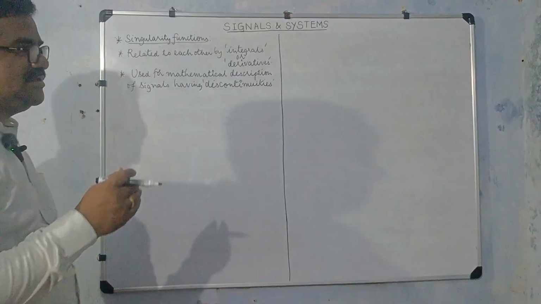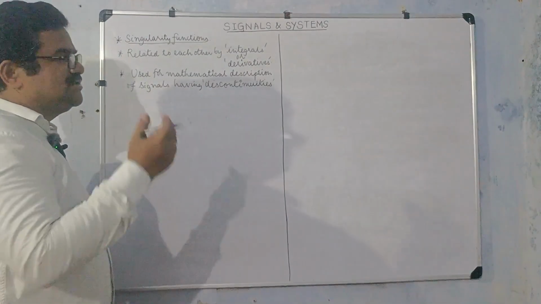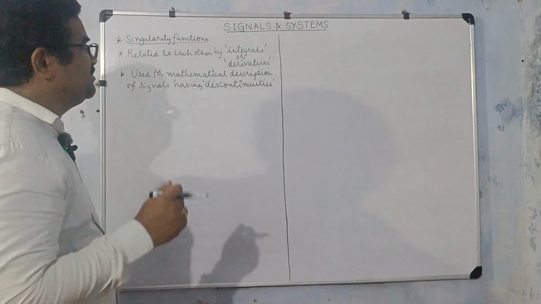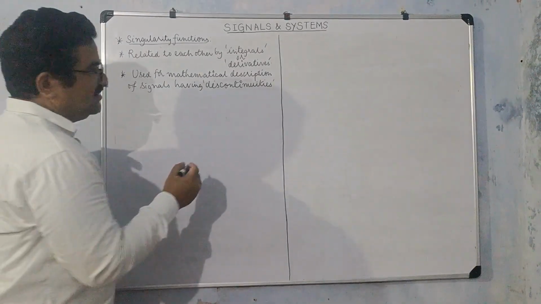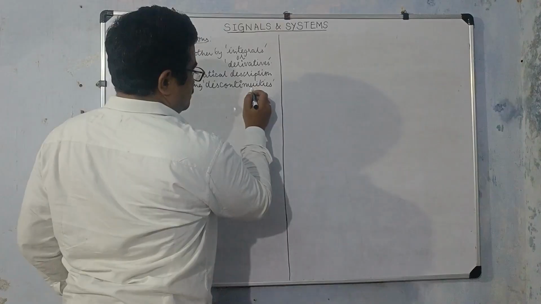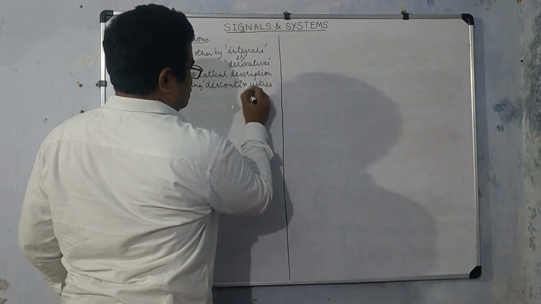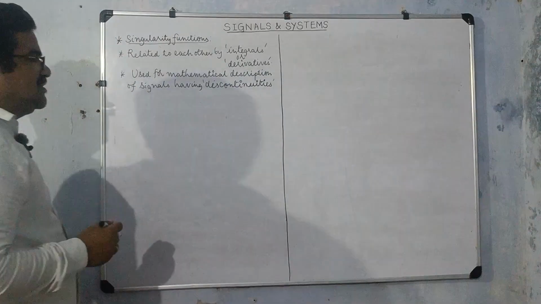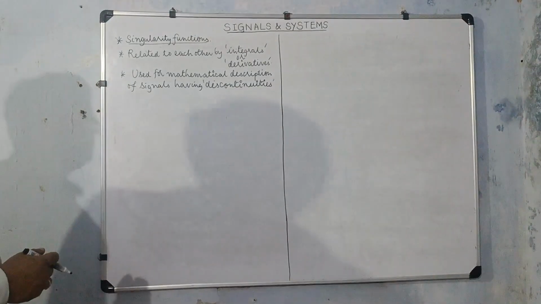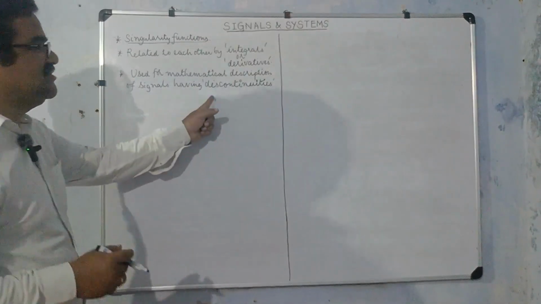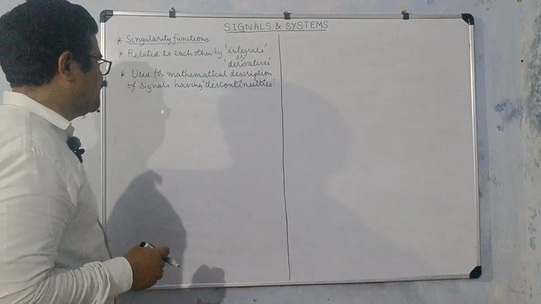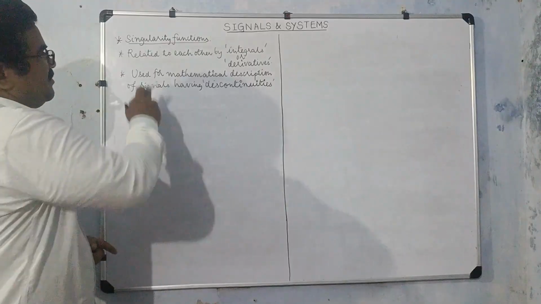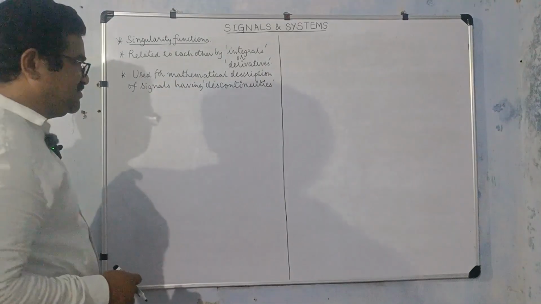That is a function whose value is changing suddenly at some instance of time. That is, there is a sudden increase in the amplitude or a sudden fall in the amplitude. So the signal whose amplitude is suddenly changing is said to be a discontinuous function, and it has discontinuities at some instance of time. So, for mathematically describing such signals, I am making use of singularity functions.